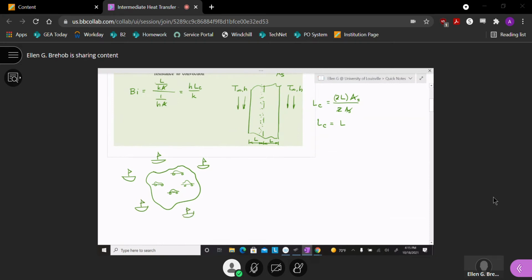Okay, for lumped capacitance to be valid, we would like to think that on this island we have really good car transportation, and not so good boat transportation.